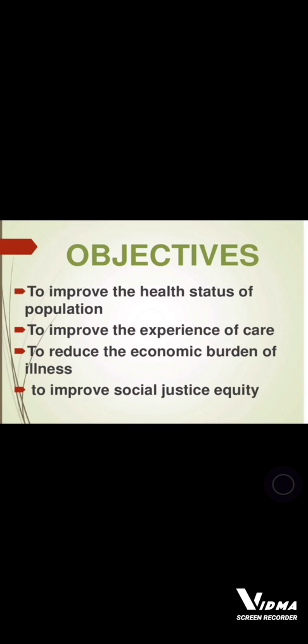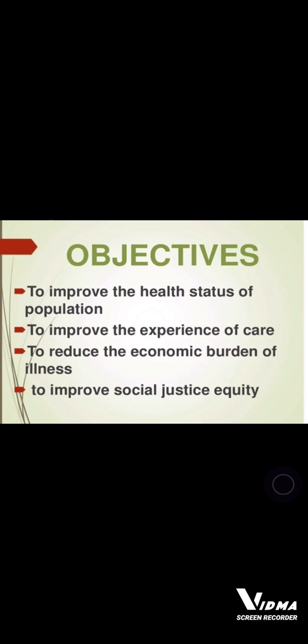If the corona goes, then the economic burden that each and every individual is facing will be reduced. After implementing the policies and giving the care, that will reduce the economic burden of illness.